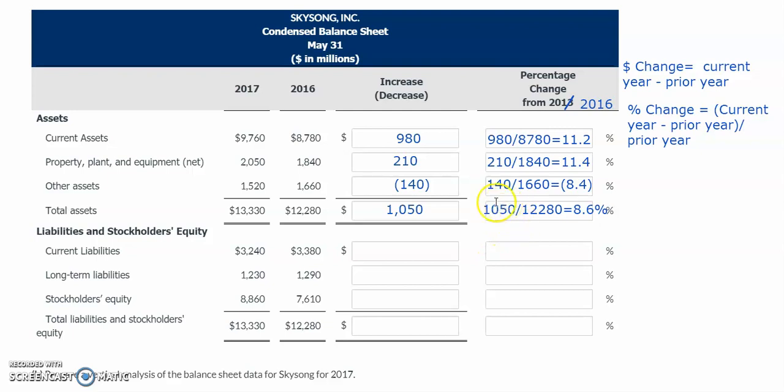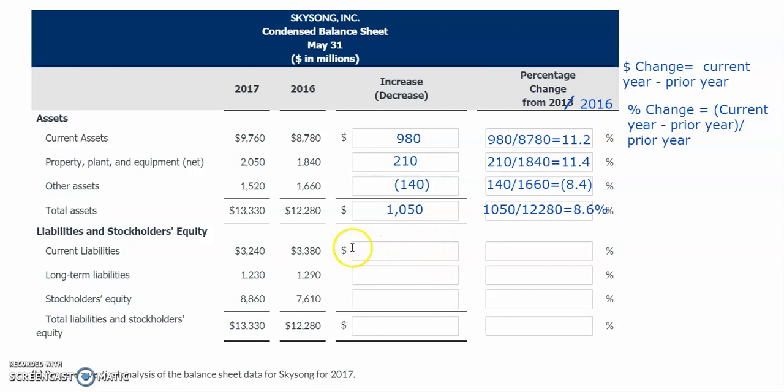We want to know if this increase in total assets was driven by borrowing money in terms of increases in our liabilities, or was it due to an increase in equity when we have money received from our investors, or an increase in retained earnings? As we generate our net income, are we able to retain that cash within the business to purchase other assets as well?